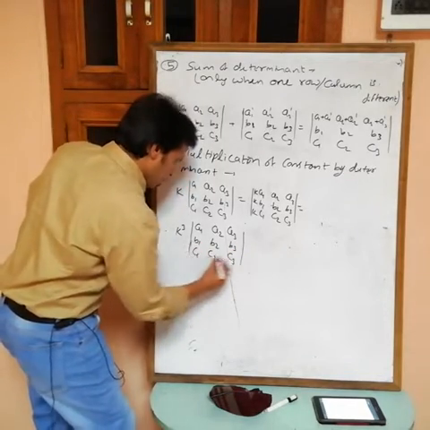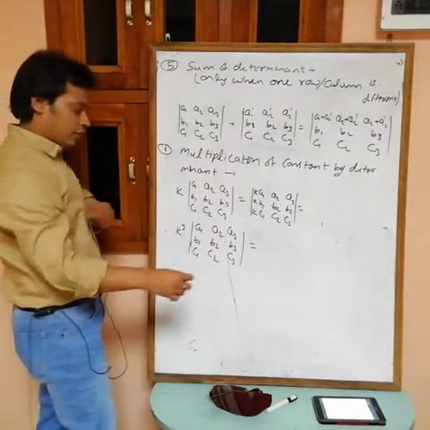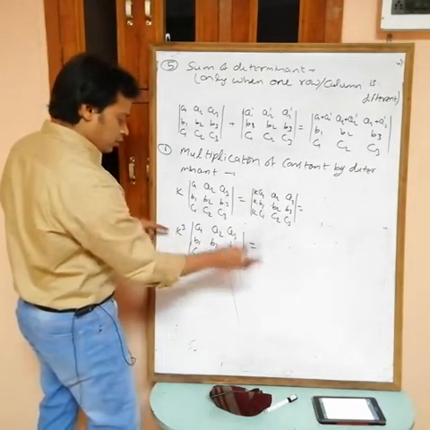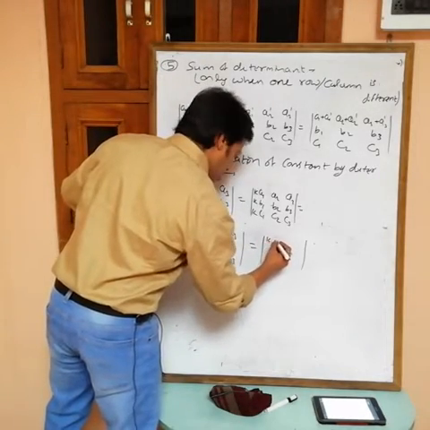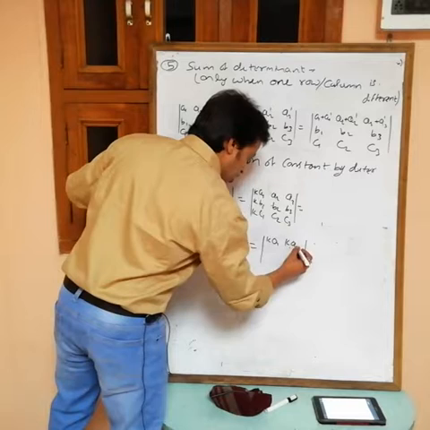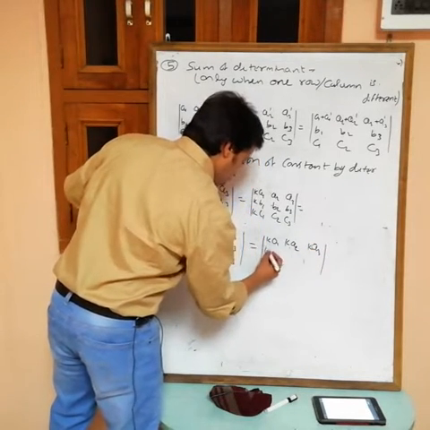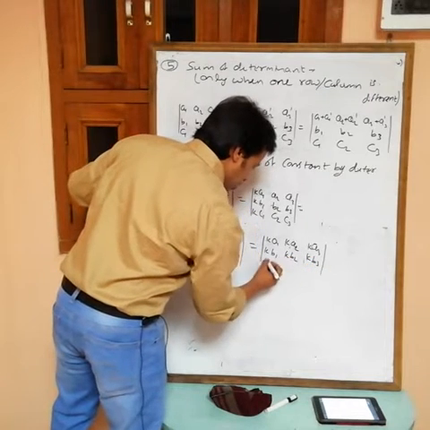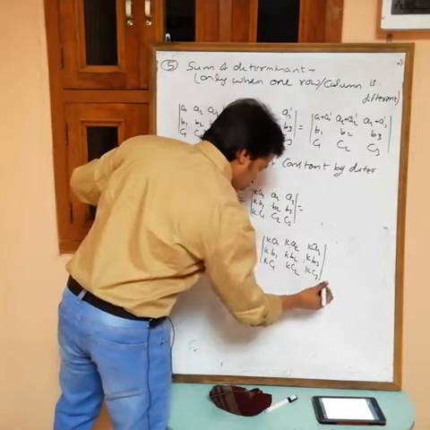Now if you have k power 3, then you will get k with every element: one k with the first row, one k with the second row, and the remaining third k with the third row. Then you will get k a1, k a2, k a3, and k b1, k b2, k b3, k c1, k c2 and k c3.